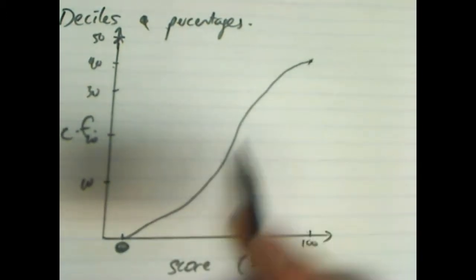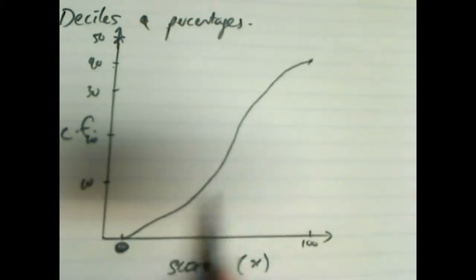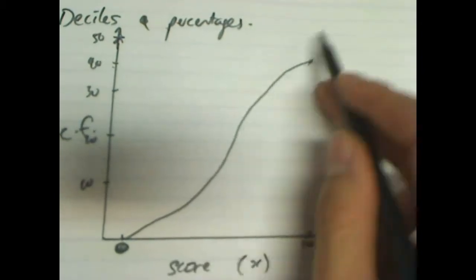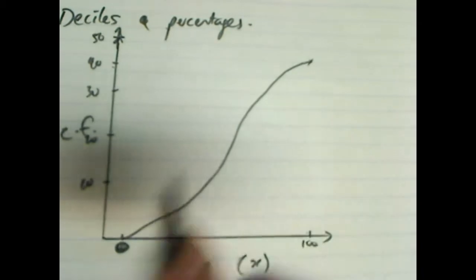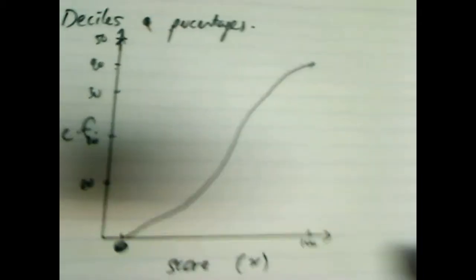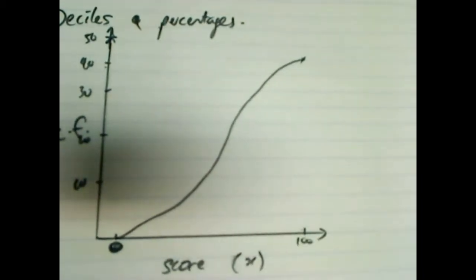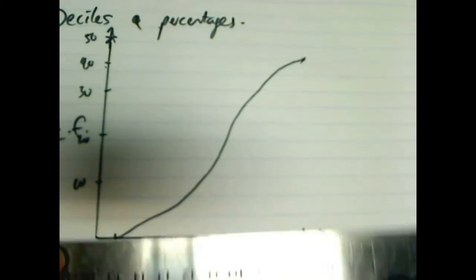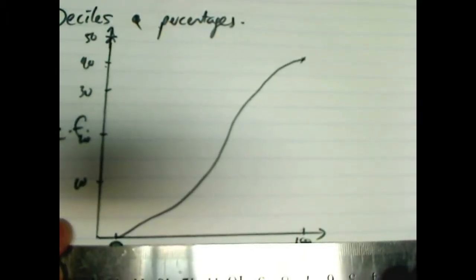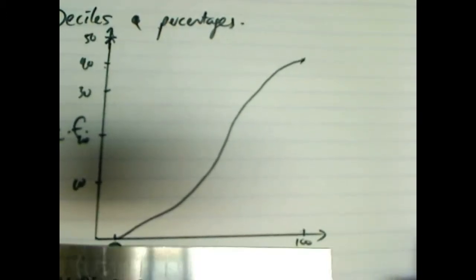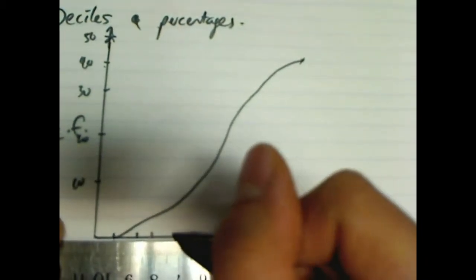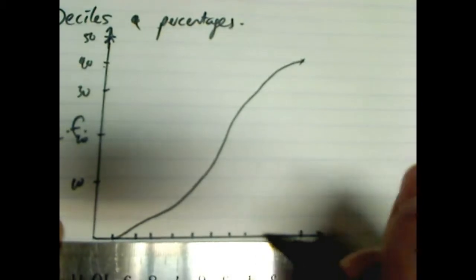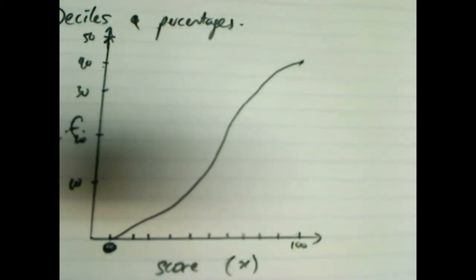But because it's so random, we just do a little curve to it rather than having sharp lines. Now I'm going to break the hundreds into sections. Every line is 10 points.